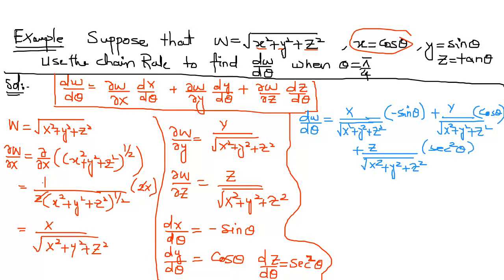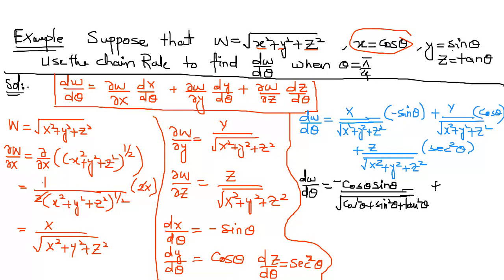Okay, now we need it in terms of theta, so substitute each and every value of x, y and z in terms of theta. So what is the value of x? x is cosine of theta, and multiplying with sine, that will be minus cosine into sine of theta, divided by square root of cosine square theta plus sine square theta plus tangent square theta, plus cosine multiplied by y, which is sine.